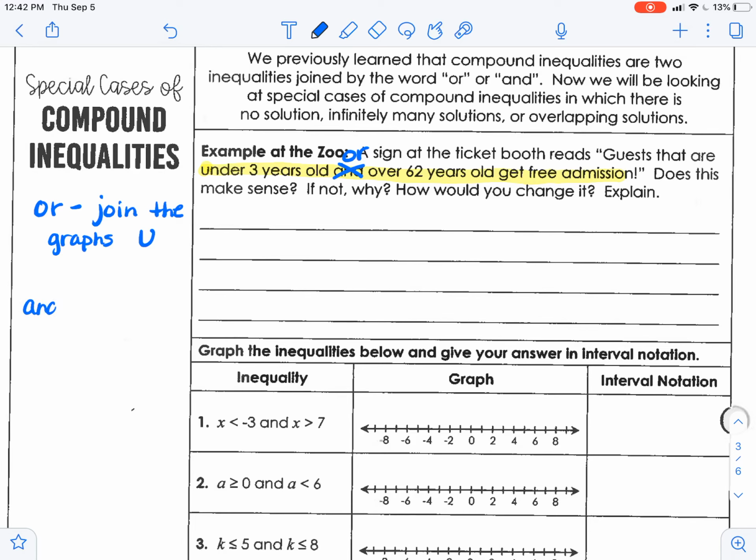The word and means what is in both, or what is common to both. And it is the intersection symbol. So you've got to be sure that you understand those two words.